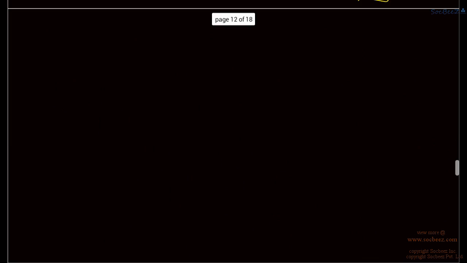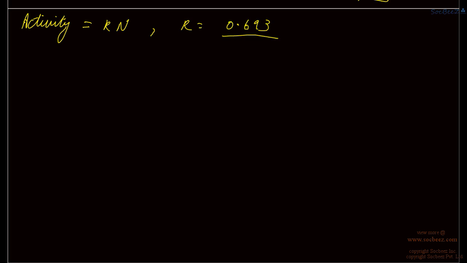Now activity, we know that activity equals K into N. And the value of K equals 0.693 upon 14.3 into 24 into 60 into 60.